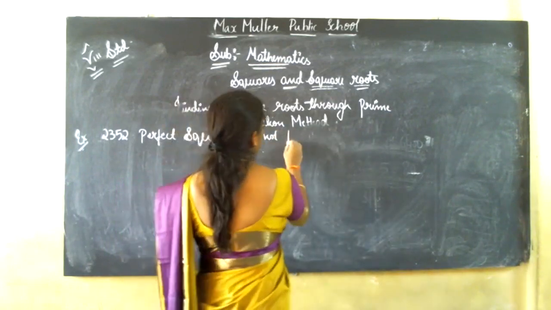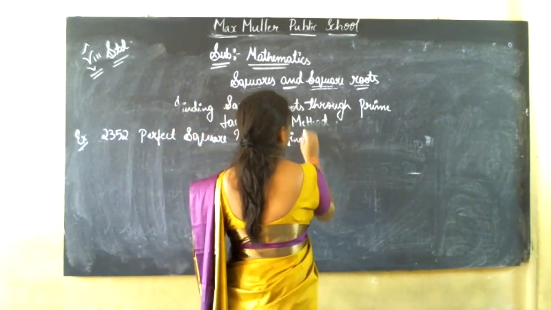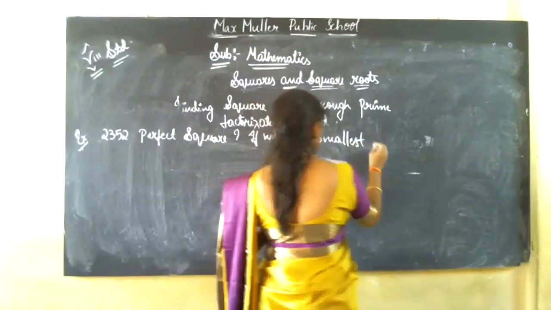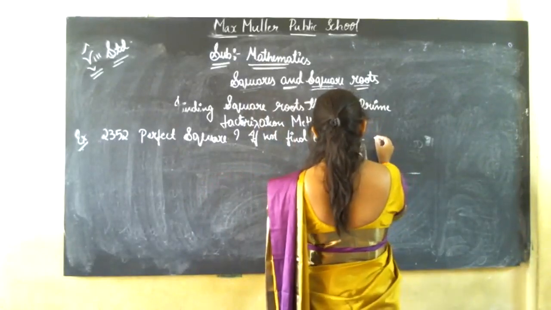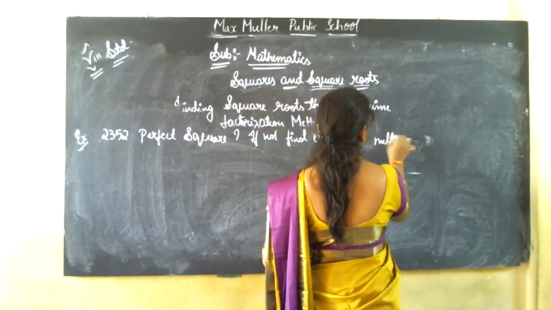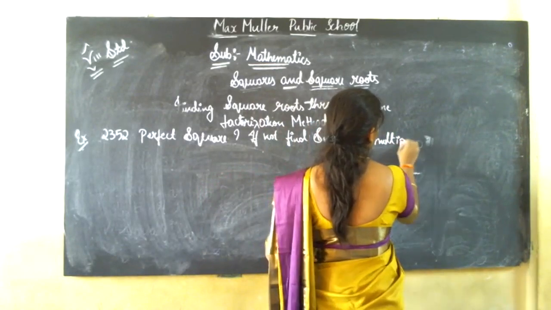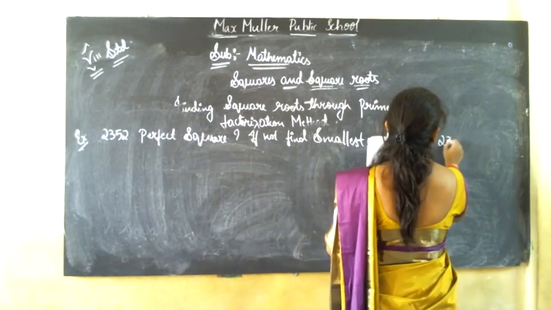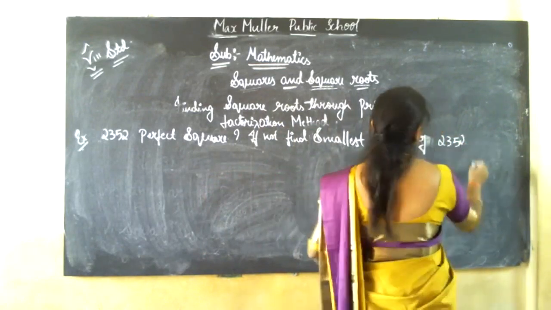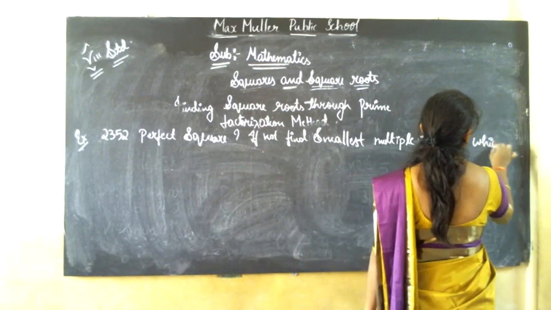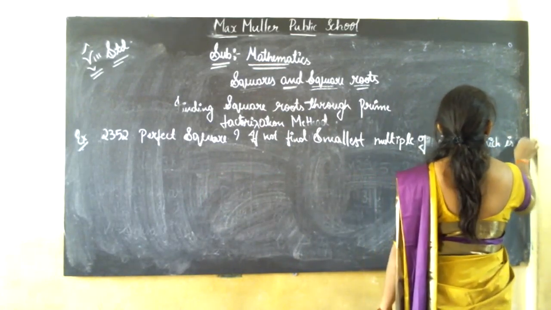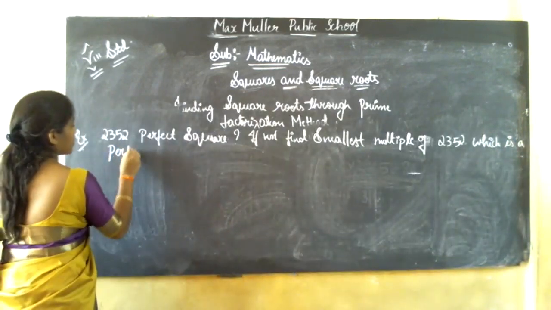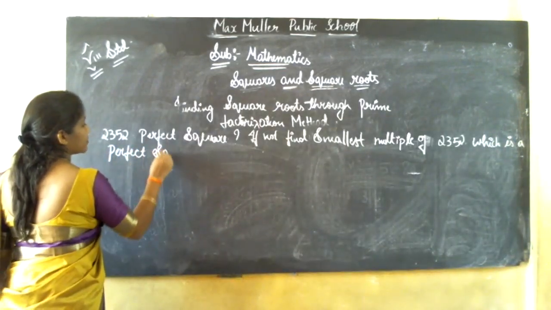If not, find the smallest multiple of 2352 which is a perfect square.